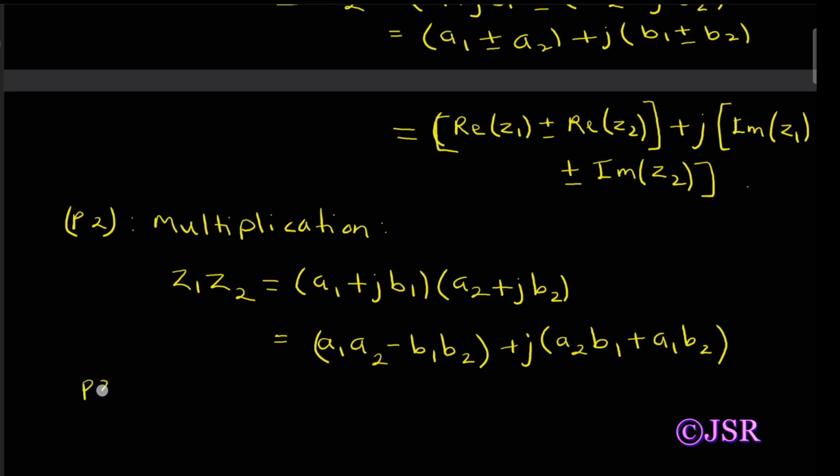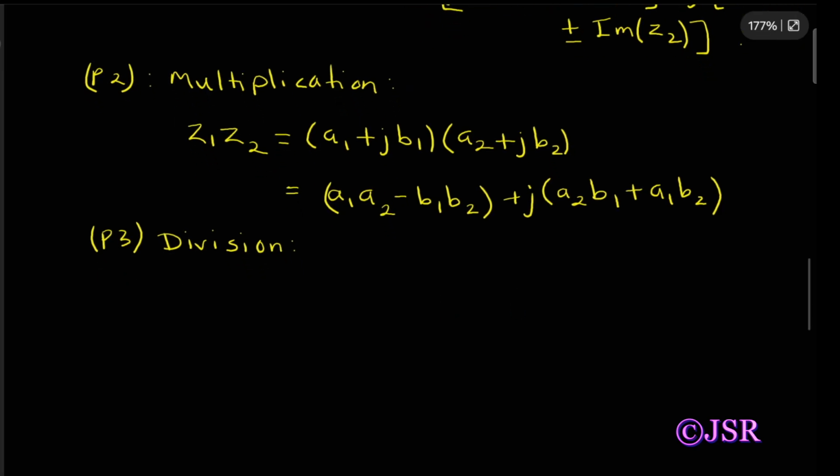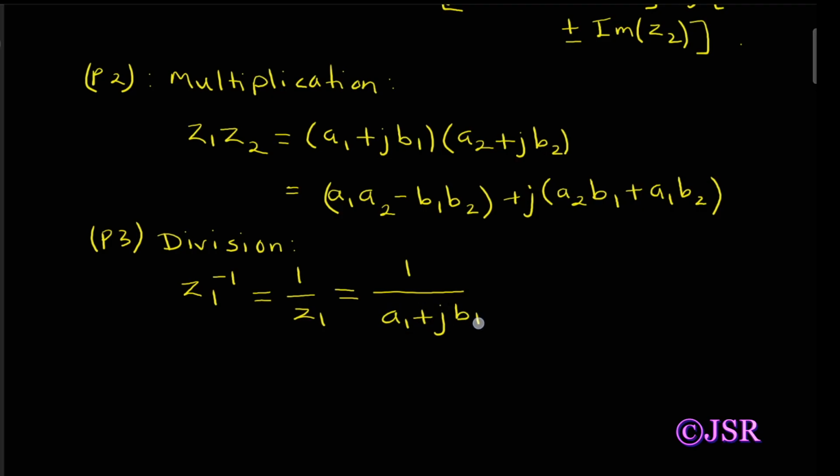Property number 3, division. So to find out Z inverse, 1 upon Z1 can be written as 1 upon A1 plus J B1.